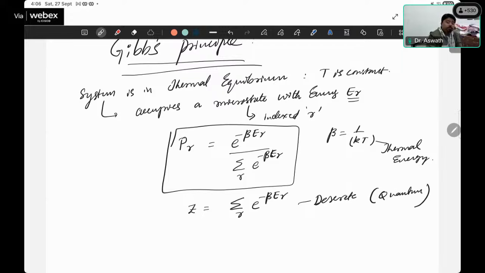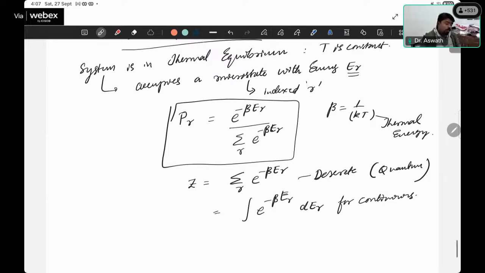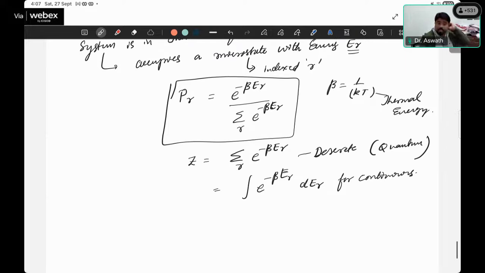If the energy of the system is varying continuously, obviously there will be an integral, exponential of minus beta times the energy, which is going to be a function of R, with dR, for the continuous case. Just to simplify, let me say ER is a function of some arrangements. Right? Now, this is the situation.